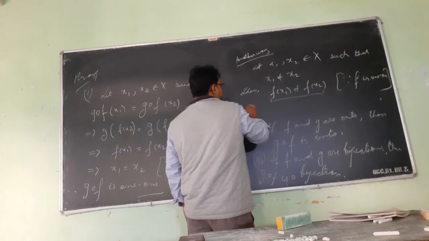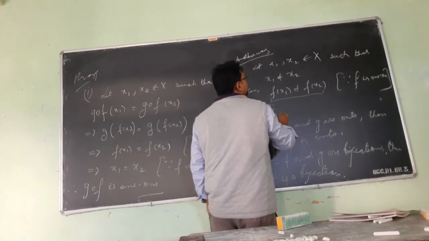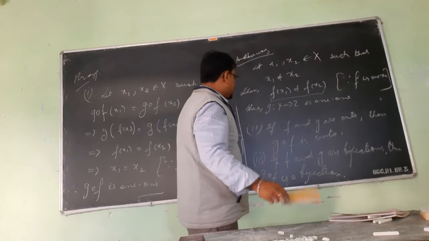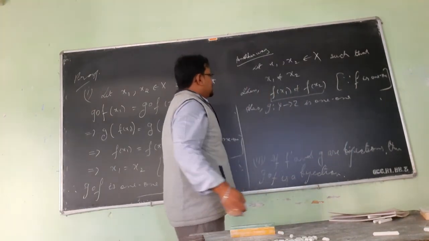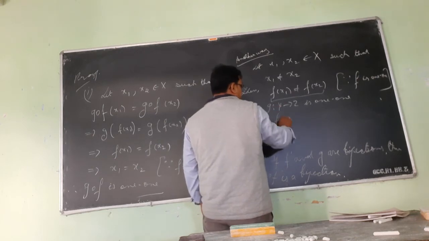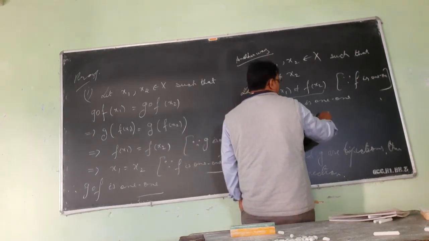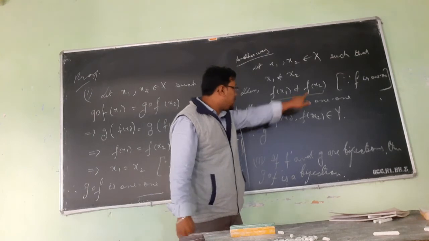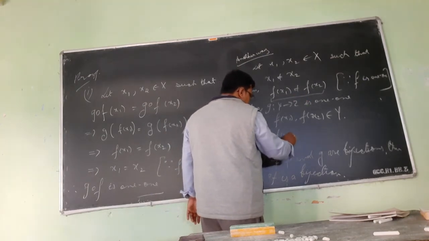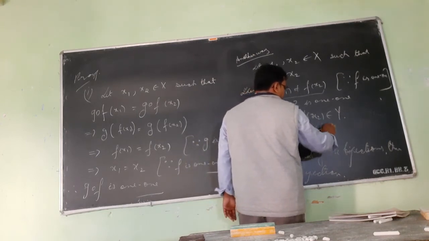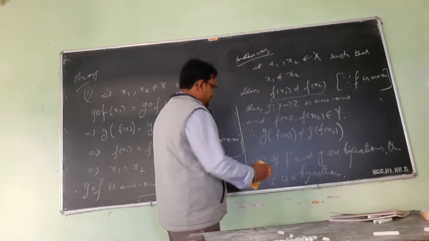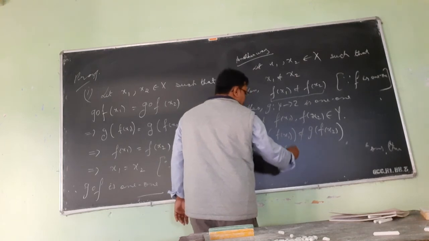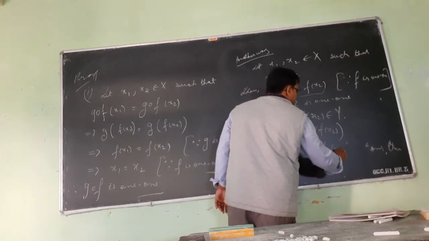Also g from Y to Z is 1-1. And f(x1), f(x2) are actually elements of this Y. Therefore, these two are unequal elements of Y, and g is 1-1. So g of f of x1 is not equal to g of f of x2.